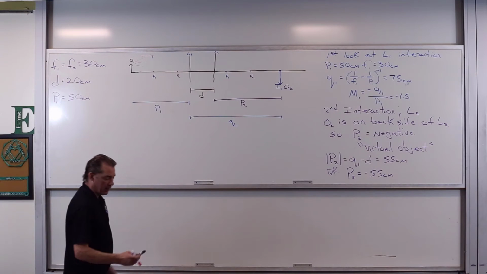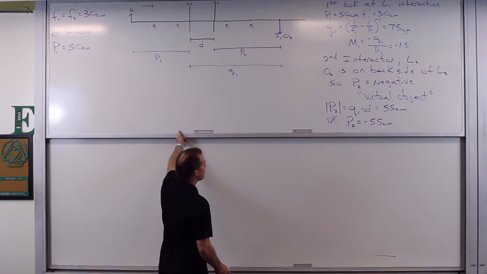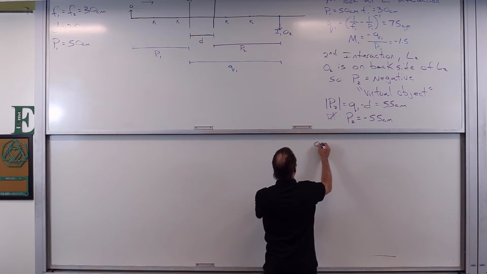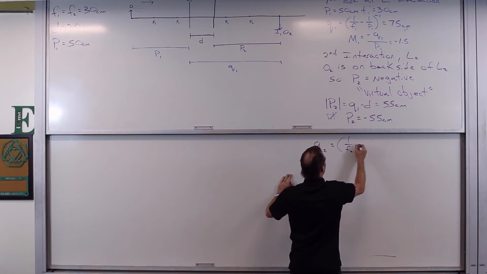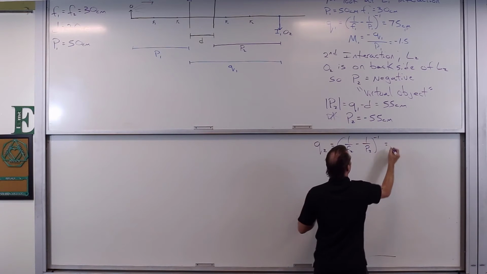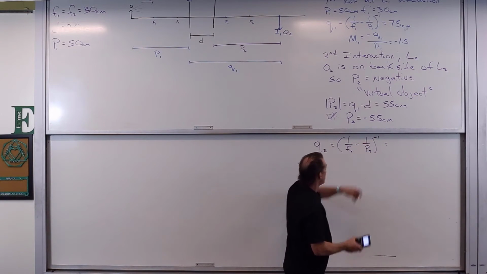So now we can proceed forward and figure out the next correlation here. We want to know, what is Q2? Well, Q2 is equal to 1 over F2 minus 1 over P2, to the negative 1. So don't forget that this is negative.